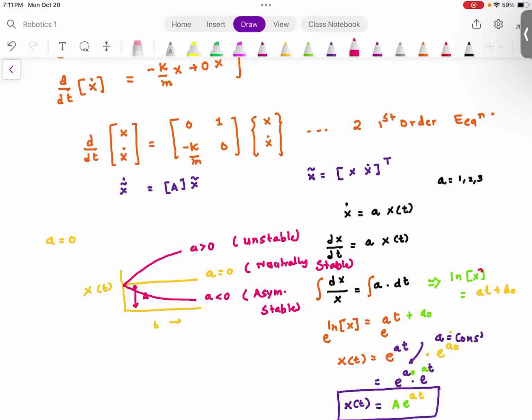Now, I want you to focus for a second on this equation and this equation. The solution of x dot equals a x(t) is an exponential.